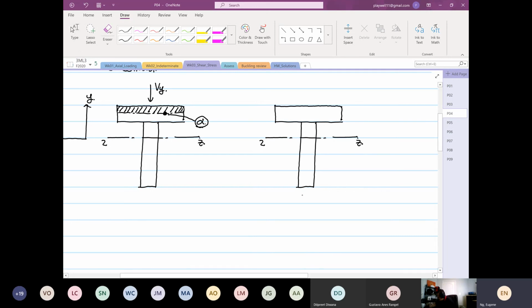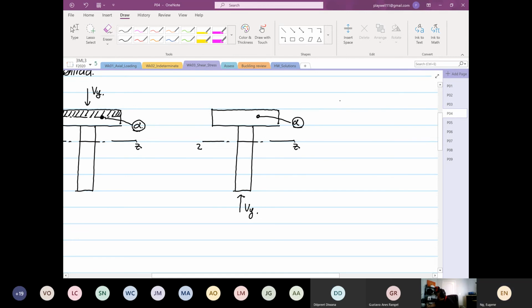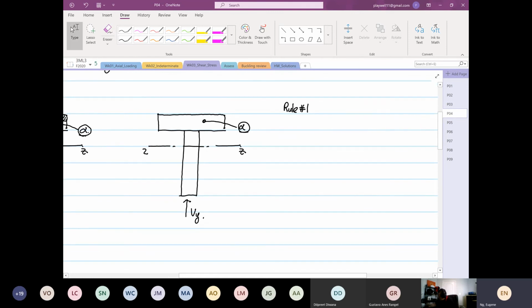And then in the next scenario, what will happen if Vy is here, and the point of interest is going to be at alpha? What is the first moment of area that you're going to take? So we look at our rules. I want you to look at the rules. Rule number 1. Now it's confusing. Now Vy is over there. So rule number 1 is that V and I are constant.